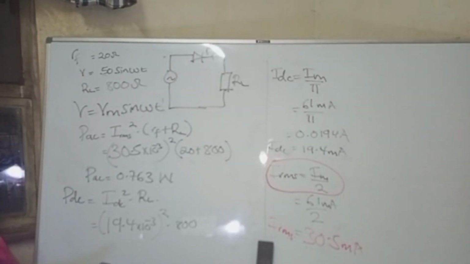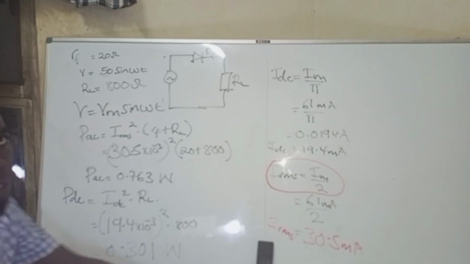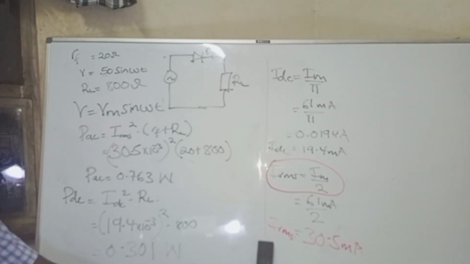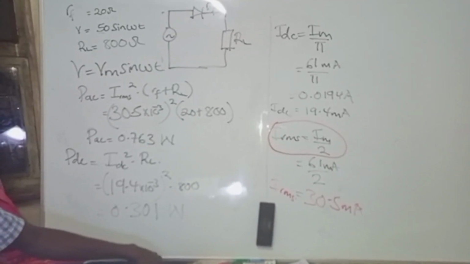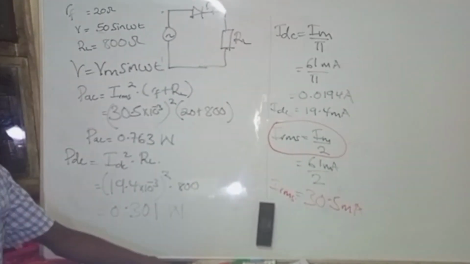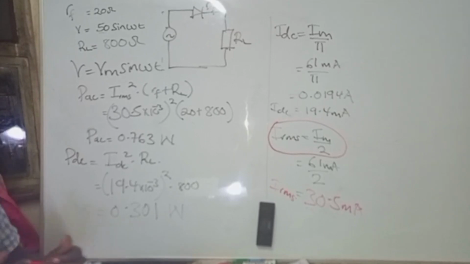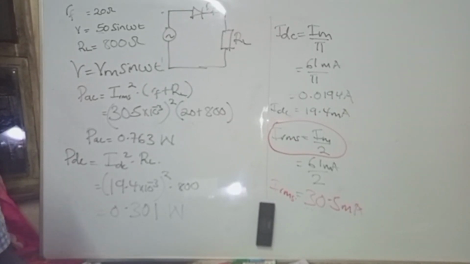So when we substitute those values, we have 19.4 milli squared times 800, and it is giving me 0.301 watts. So that is our DC input power.